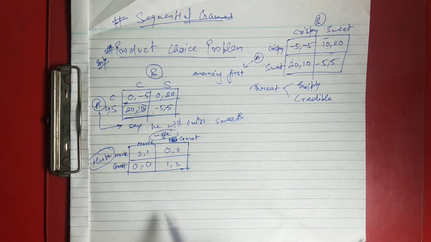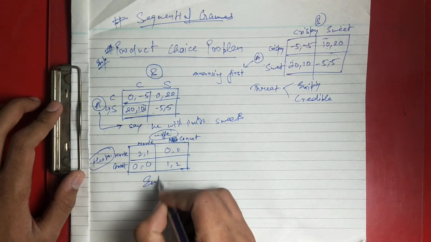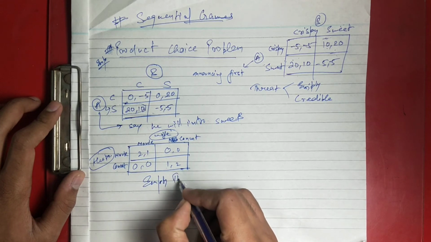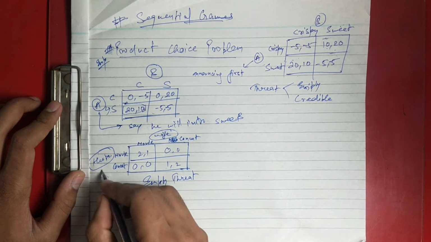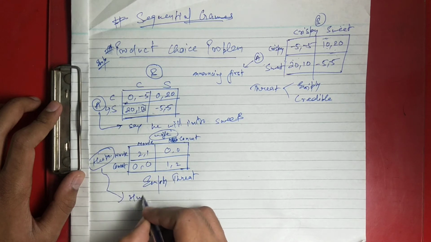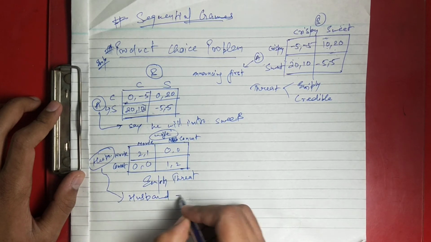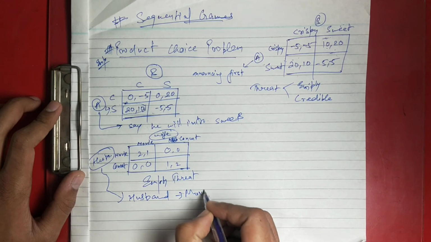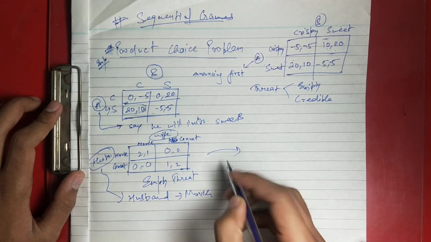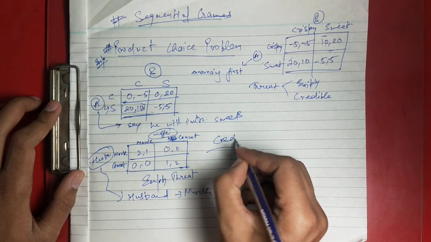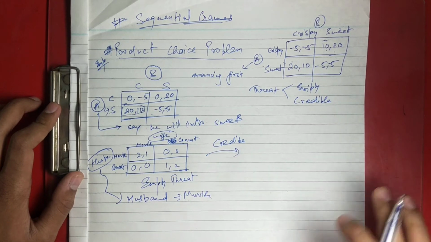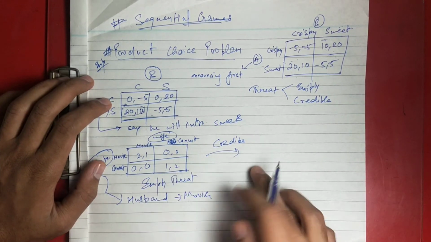Okay, so this is the empty threat. Husband for movie. Okay, so now to convert it into a credible one. So now he is converting it into a credible one.